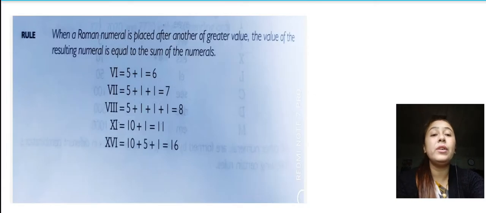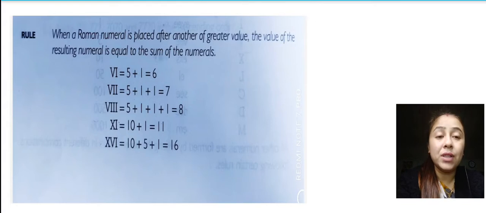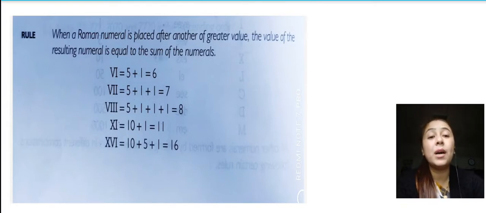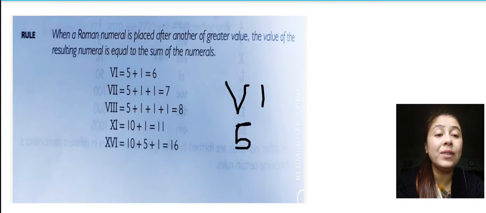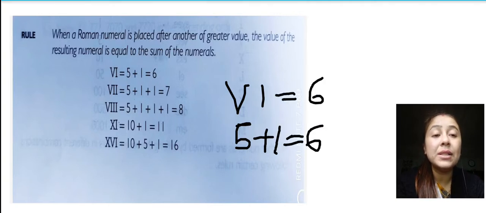Now next, when a Roman numeral is placed after another of greater value, the value of the resulting numeral is equal to the sum of the numerals. Take VI: V means 5, I means 1. So VI means we are adding the values, which equals 6.